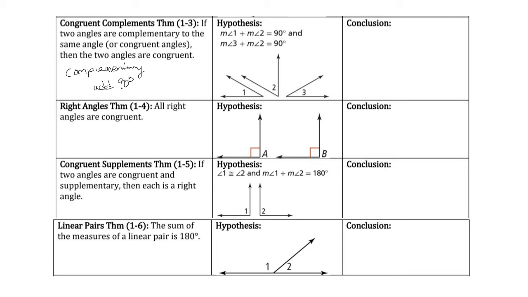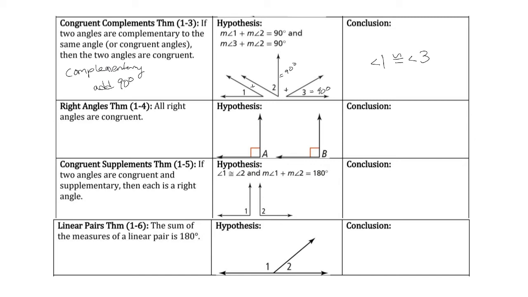So pretty much the same concept, except it's adding to 90 degrees rather than 180. So if angle 1 plus angle 2 equals 90 degrees, and angle 2 plus angle 3 equals 90 degrees, then angle 1 must be congruent to angle 3.